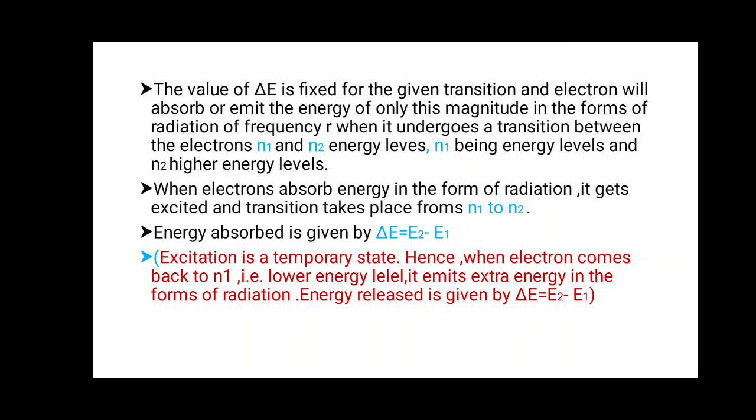The energy absorbed is given by delta E equals E2 minus E1, where E2 is the higher energy level and E1 is the starting energy level.